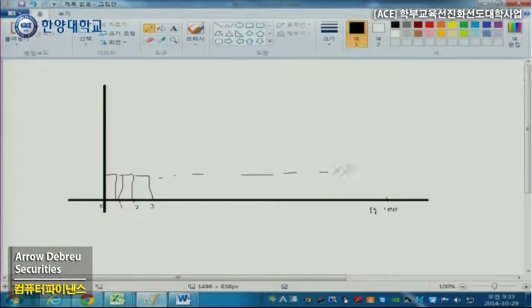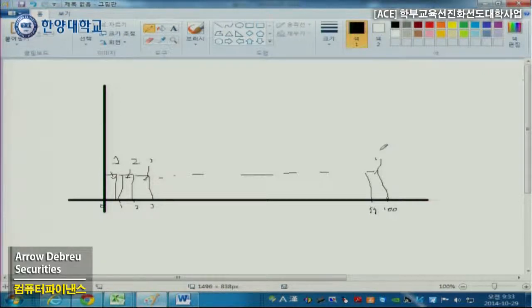The idea is that we generate a random number between 0 to 100. If a random number is drawn from here, I call this 1. If a random number is in this area, I make it 2. This area 3. Then this area is 100. Then it is done, right?